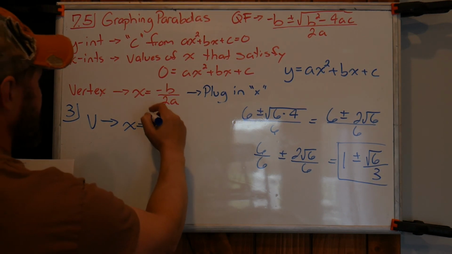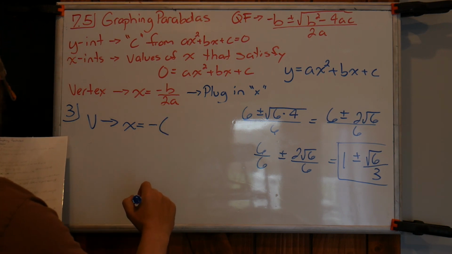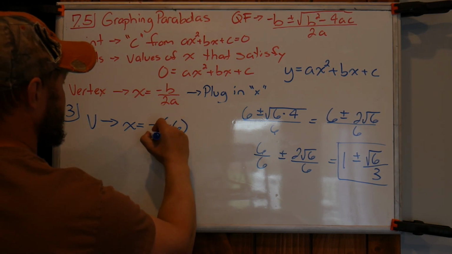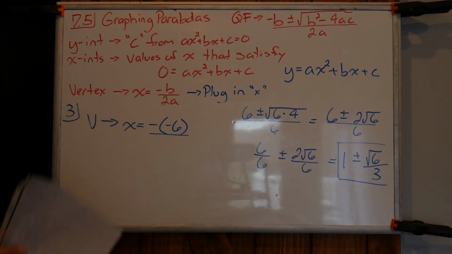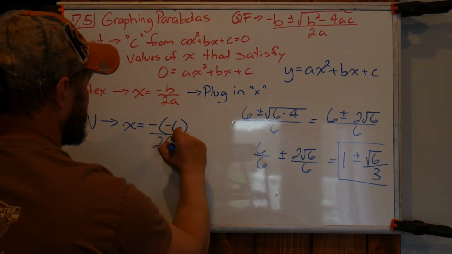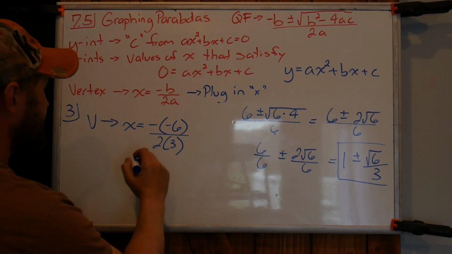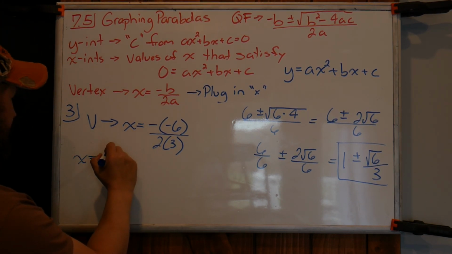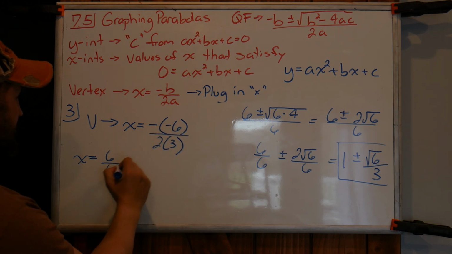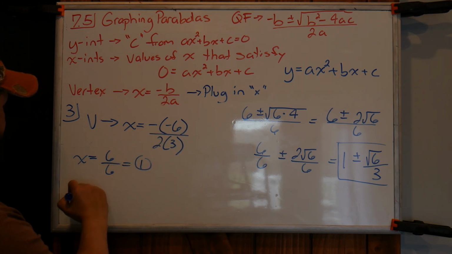So now, in this case, I have a negative b, and my b was negative 6. And then I have 2a, and my a was 3. So I'm going to solve the x of my vertex. So my x is a positive 6 over 6 equals 1.